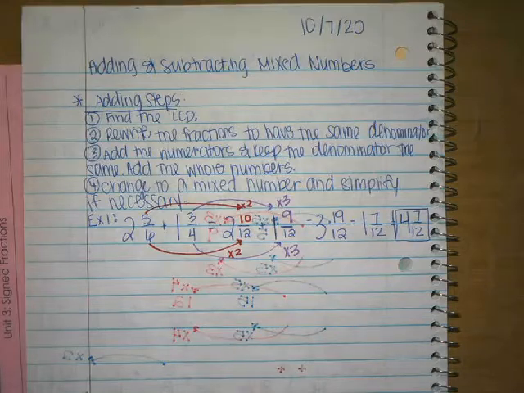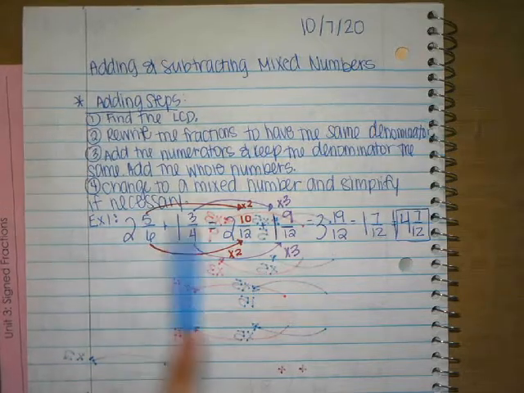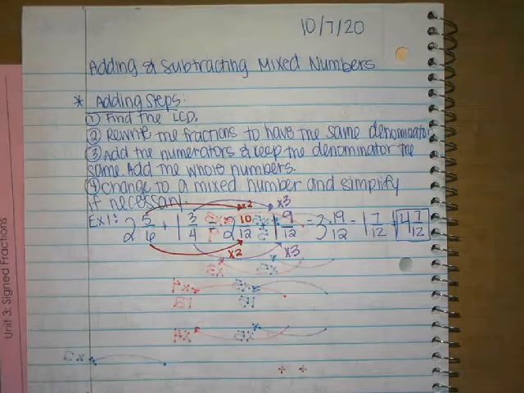Yes, so this is one way. This is the way that I think is the easiest. It is not the only way. What do you think is the other method? They're both mixed numbers, so what could I change them to? I can change them to what?